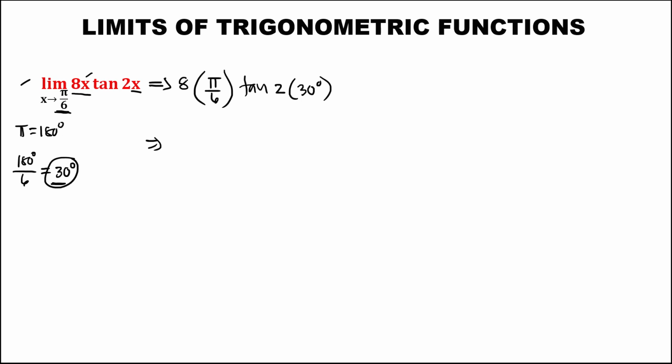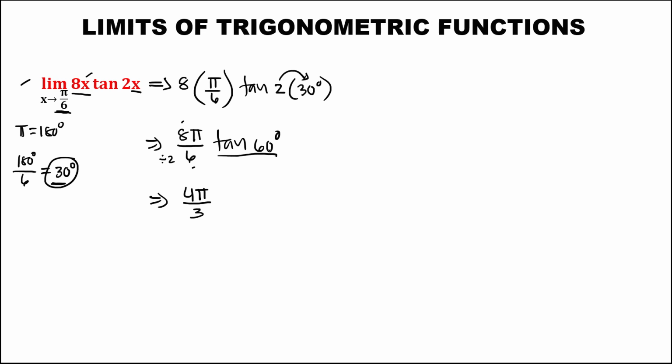Then to simplify, this becomes 8 pi over 6, then tangent of the multiplication, that's 60 degrees. Then reduce: 8 and 6 are divisible by 2, so this becomes 4 pi over 3.